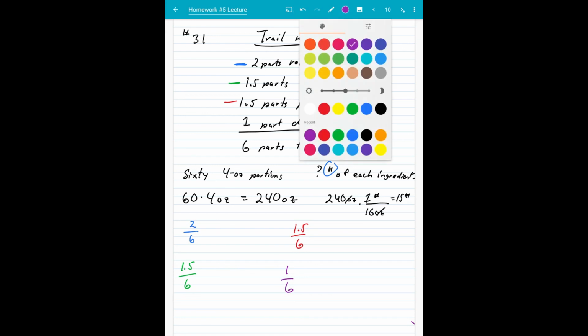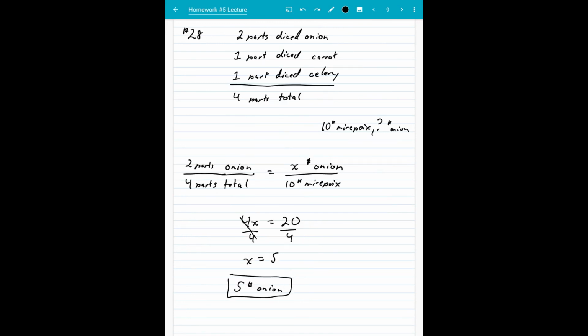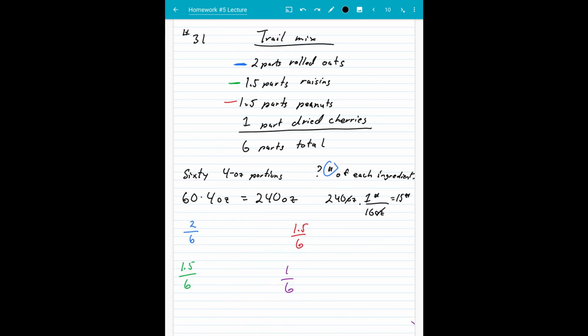So what we're going to do with this is, remember, these are fractions for each ingredient separately. Remember, we can take the fraction of the total, like we did over here on this other problem. We could have done 2/4 or half of the recipe is represented by onions. Here we're going to do the same thing. 2/6 of the total. Whenever we think about the word of, we think of multiplication.